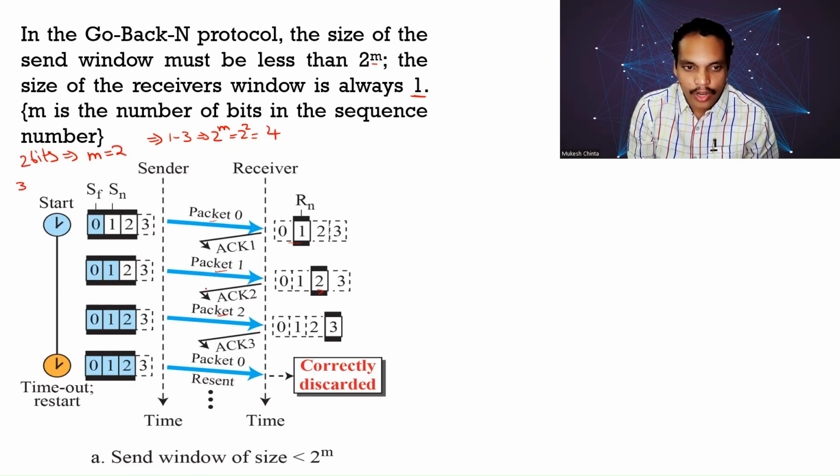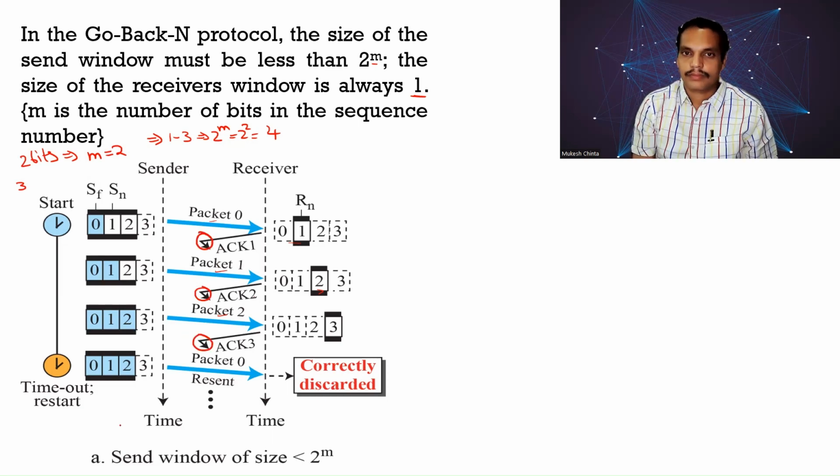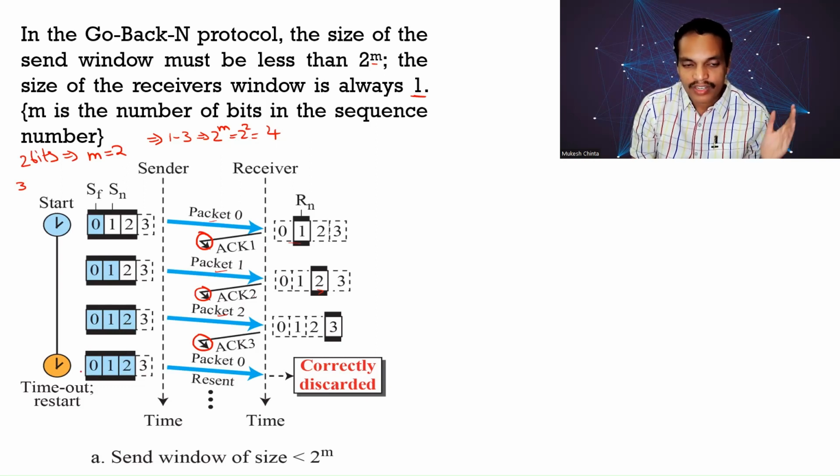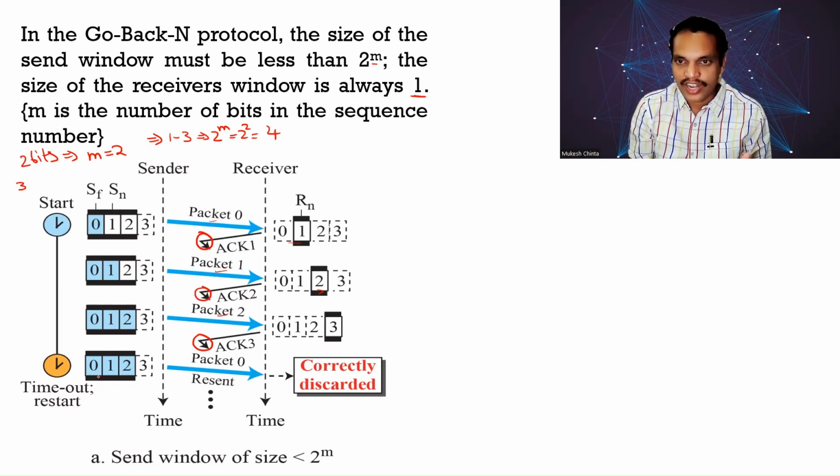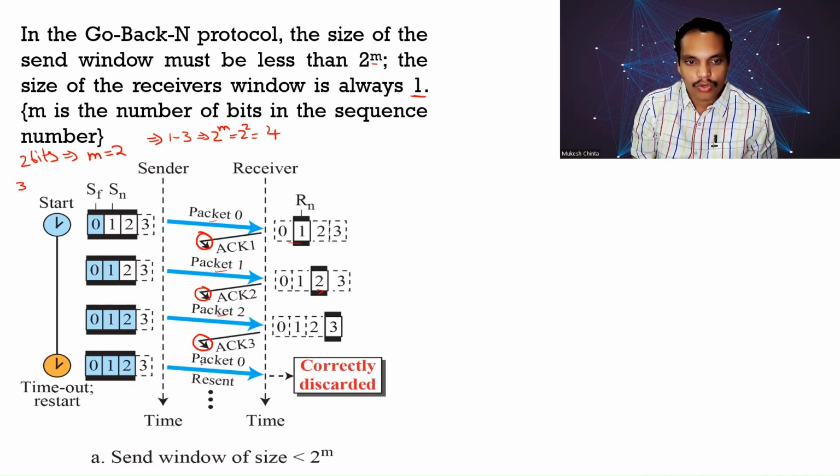But unfortunately, all these 3 acknowledgements are lost, so the sender doesn't know whether these 3 frames have been delivered properly or not. So what will happen? Because it is Go-Back-N, what is the first frame which hasn't been acknowledged? 0. How many outstanding frames are there? 3. So it has to retransmit 0, 1 and 2 again. The first packet 0 is sent.